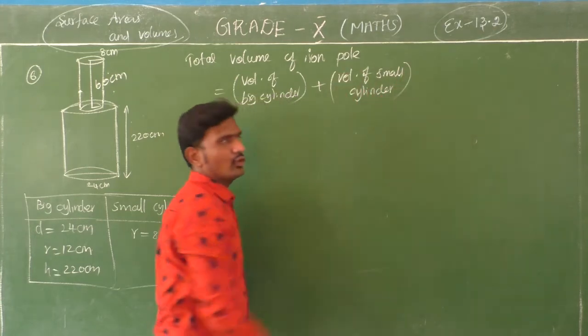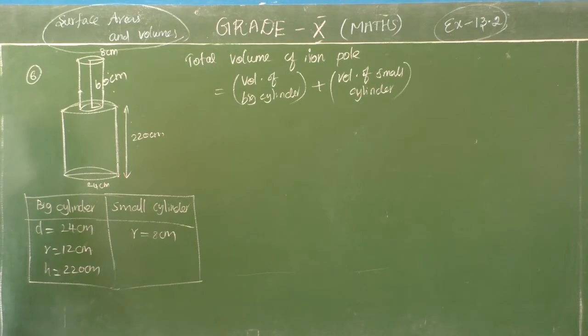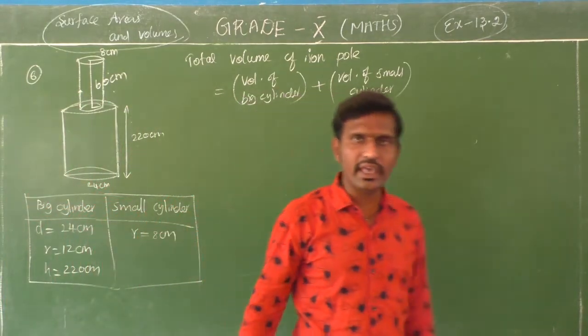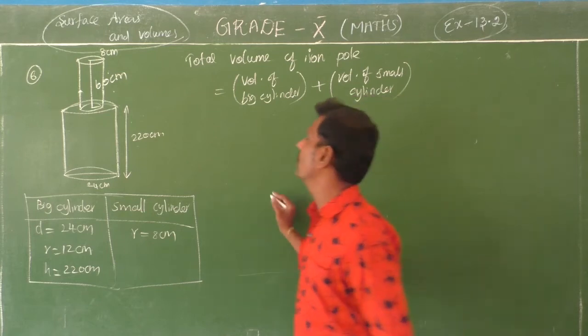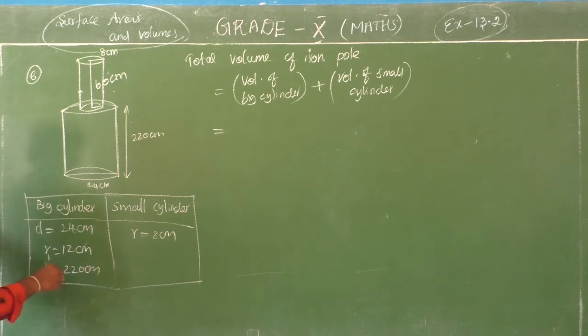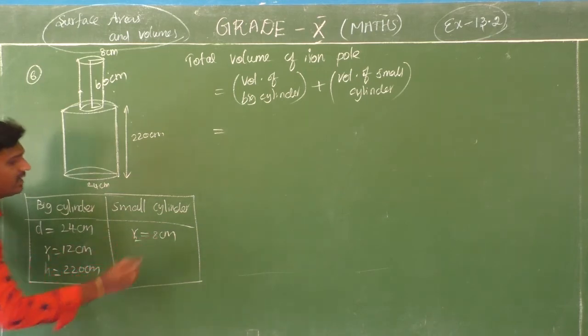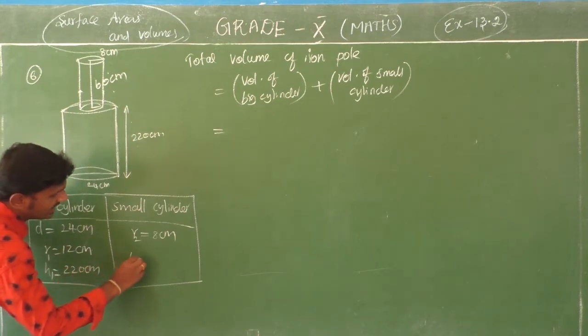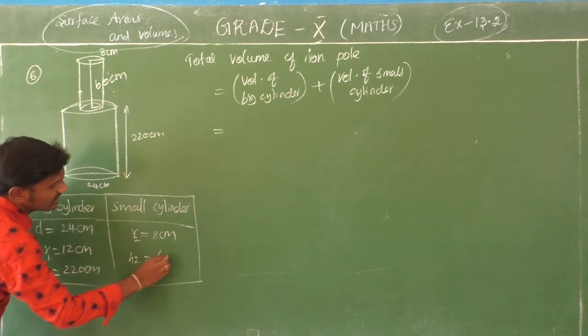On both cylinders you have the same formula. What is the volume of a cylinder? Pi r square h. Now I am going to differentiate: r1 is equal to 12 cm and r2 equal to 8 cm, h1 equal to 220 cm and h2 equal to 60 cm.